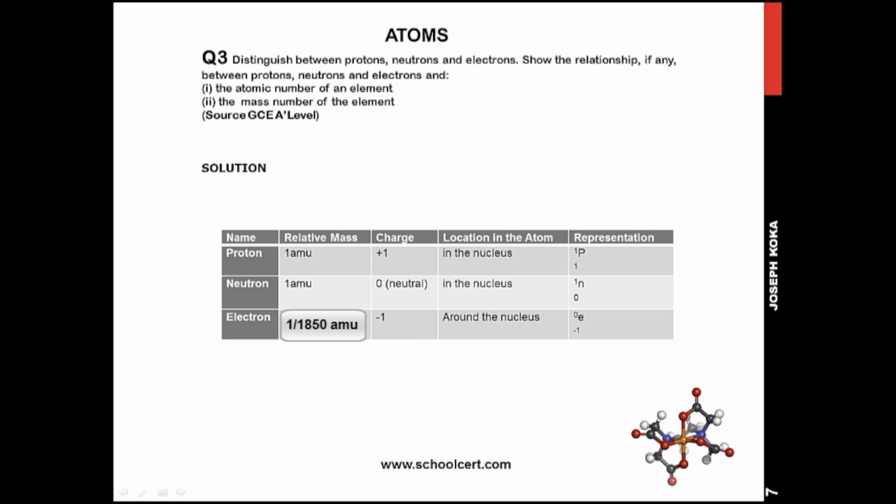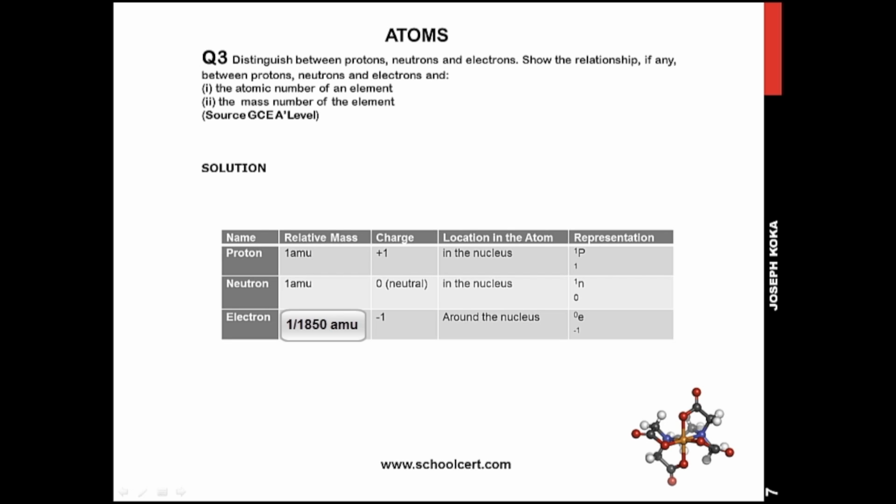And the location in the atom, protons are in the nucleus of the atom. Neutrons are also found in the nucleus, and electrons are around the nucleus.